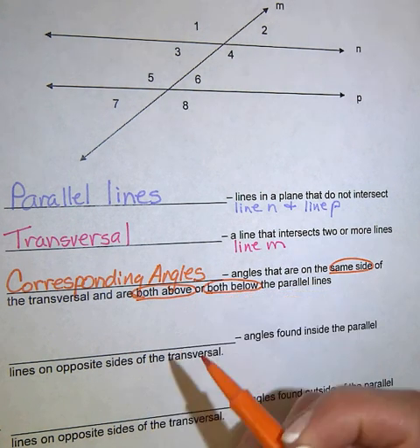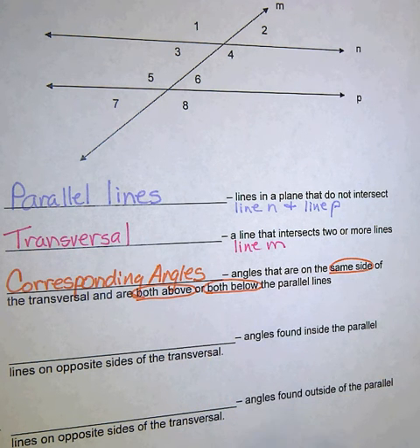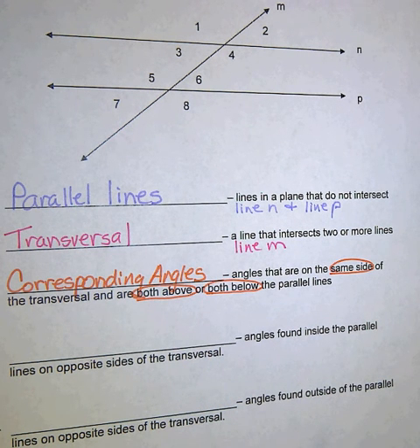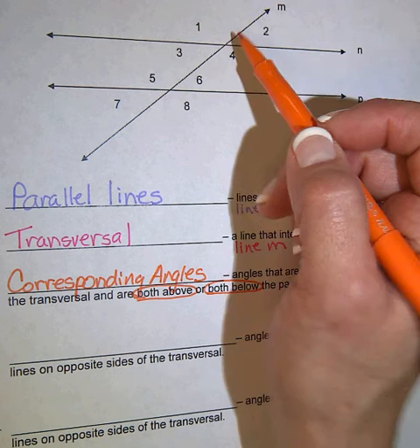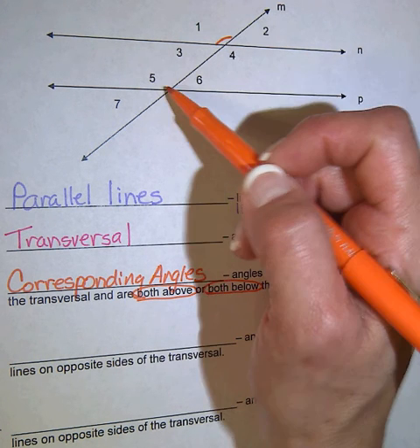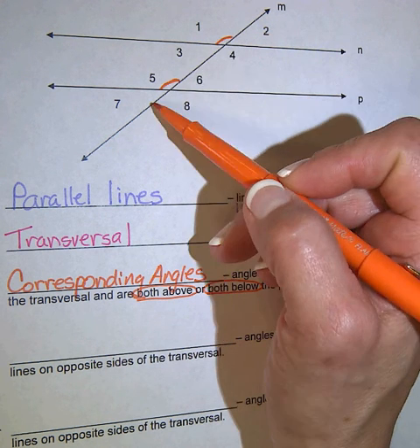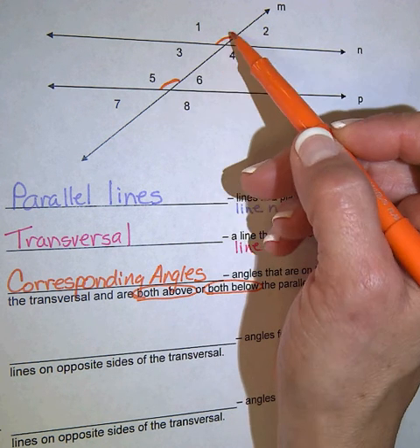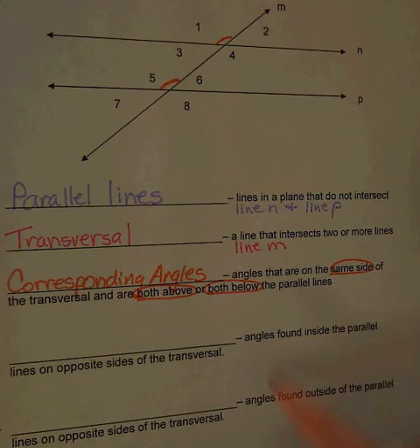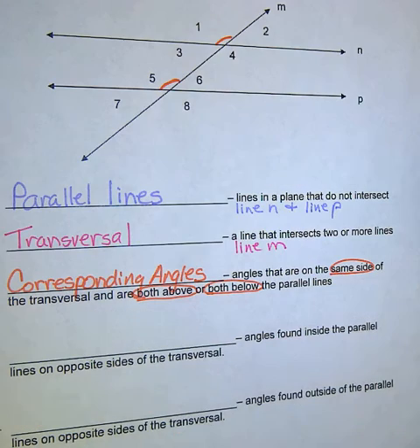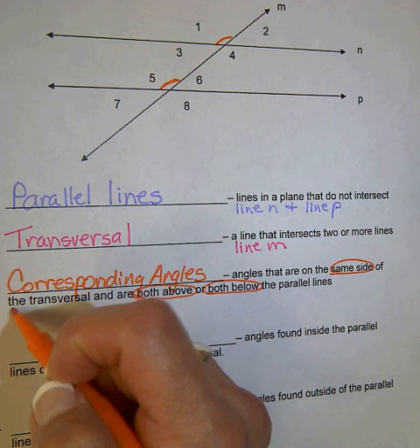And you're familiar with the word corresponding from our work with similar figures, and we talked about corresponding sides and corresponding angles then. So examples of corresponding angles would be angle 1 and angle 5. These are both on the left side of the transversal and both above their respective parallel lines. And what you need to know about corresponding angles is that they are congruent.